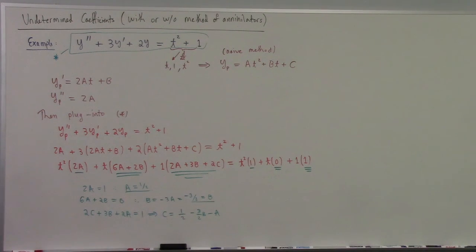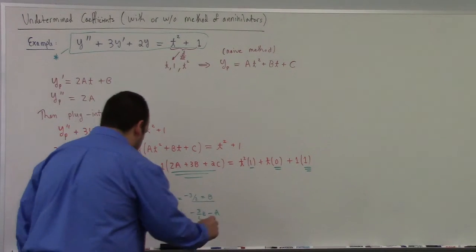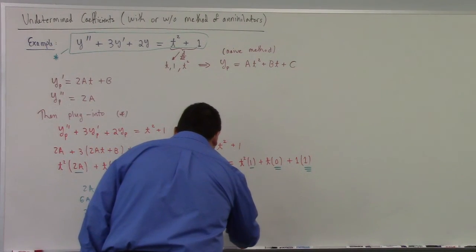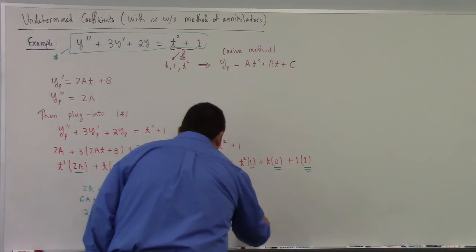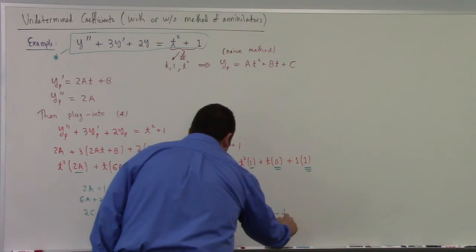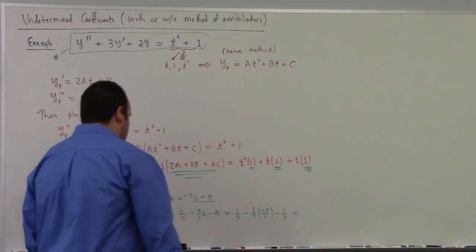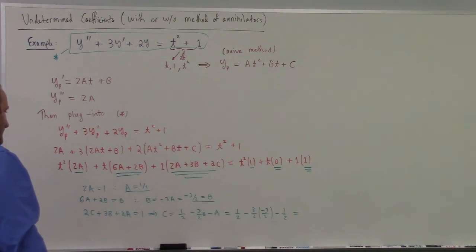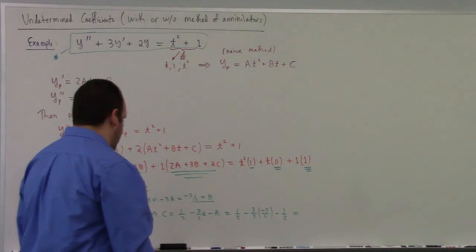But I know a and b, so I can make that a number. So this is 1/2 minus 3/2 minus 3/2 minus 1/2. The halves cancel. Let's see here. Oh, 9/4? Yeah.